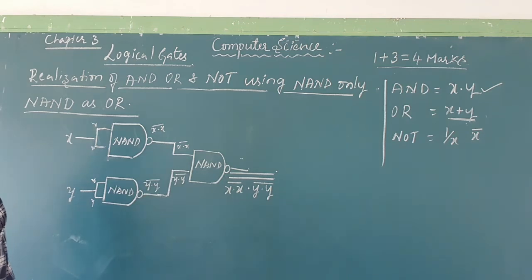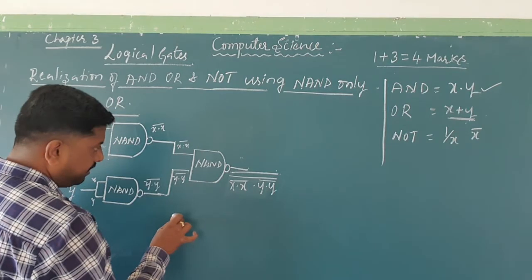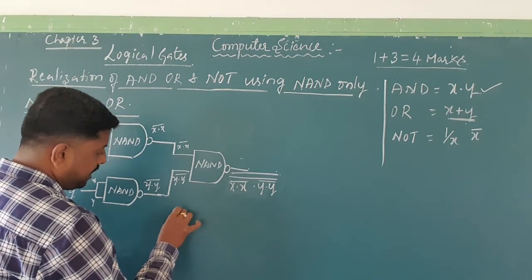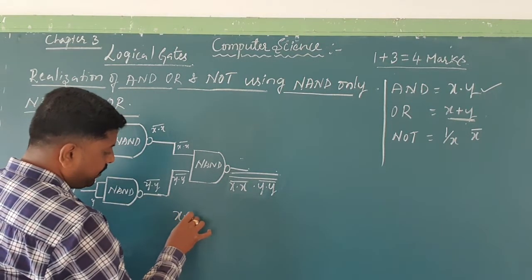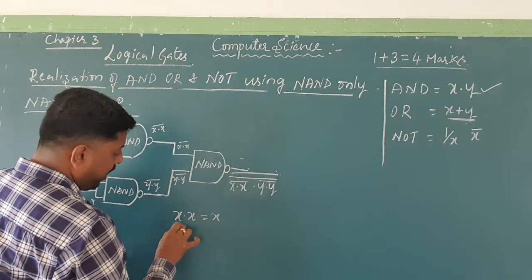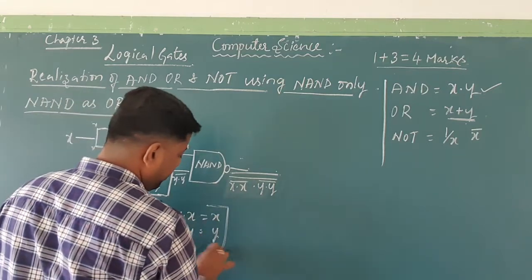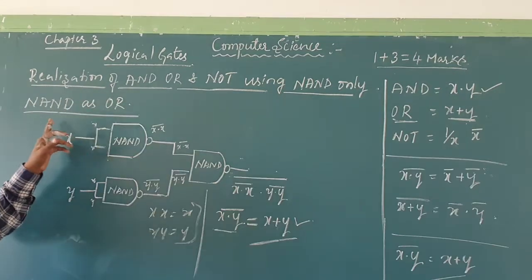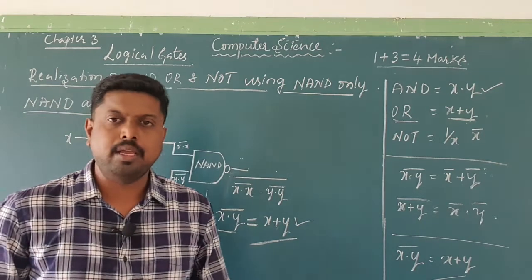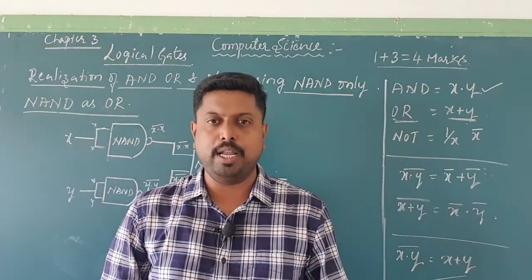This will be the result you get. Then if I write like this, x into x should be x only, and y into y should be y only. For reference I wrote x plus y. So this is what we call realization of OR with NAND only.